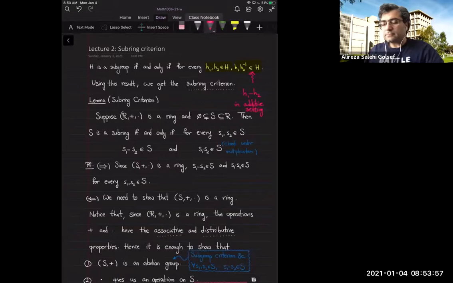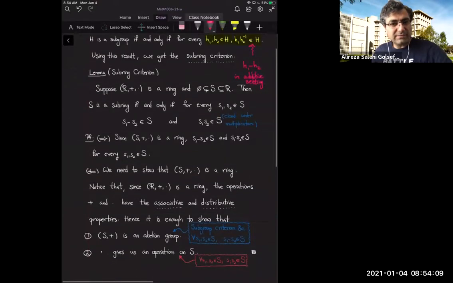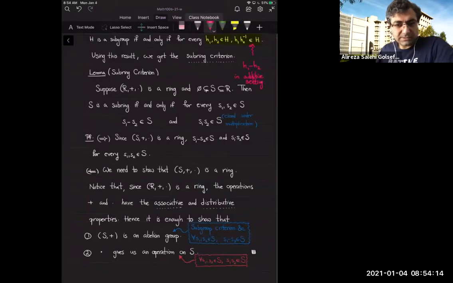Okay, so now let's see how this can help us to understand subrings. It's rather easy, but it is useful to have the subring criterion in hand when we want to show that a certain subset of a ring is actually a subring. So what is the condition? Suppose that I give you a ring R and a non-empty subset S of it.